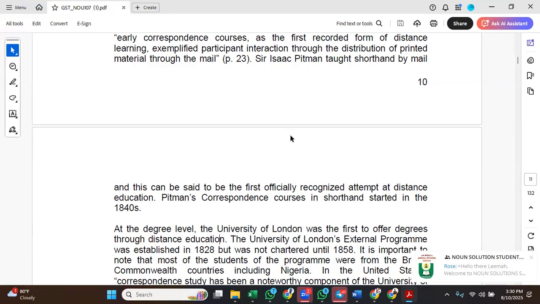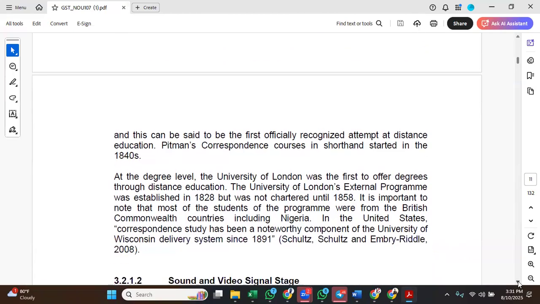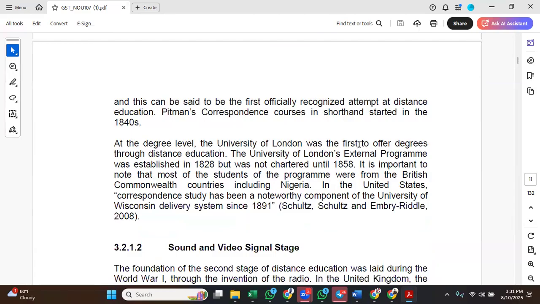That means he was teaching his student through mail. He's going to draw the shorthand, write the meaning, and send it to them through the post office. So that is the first attempt at distance education. But that is just for the general level. But at the university level, the first university to attempt distance education was the University of London.